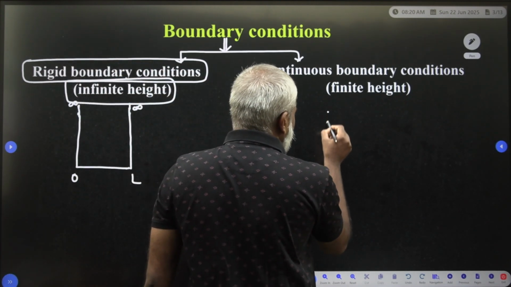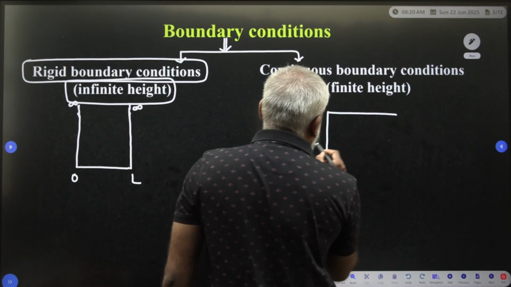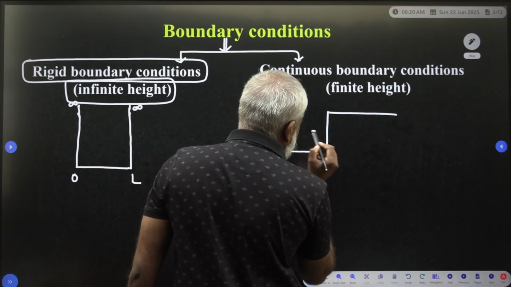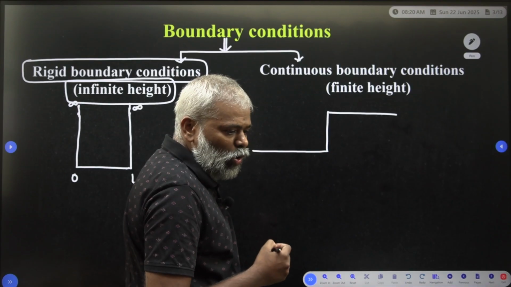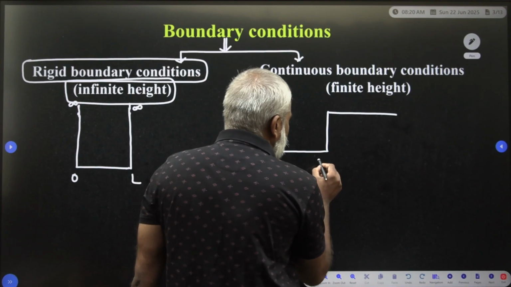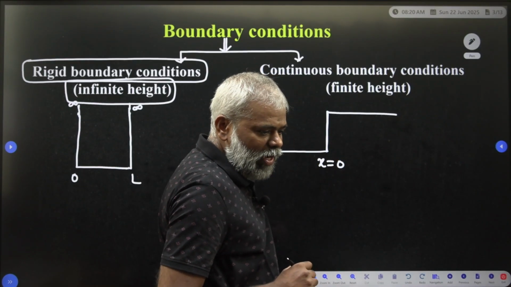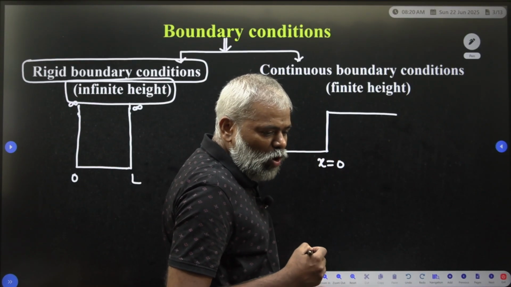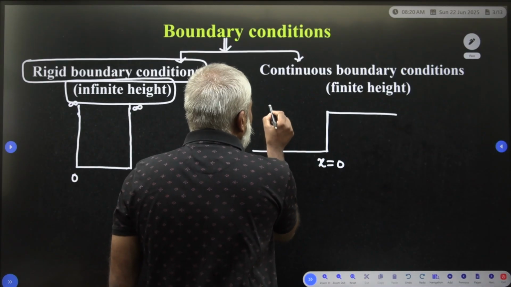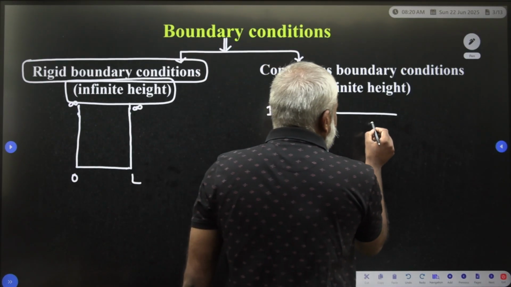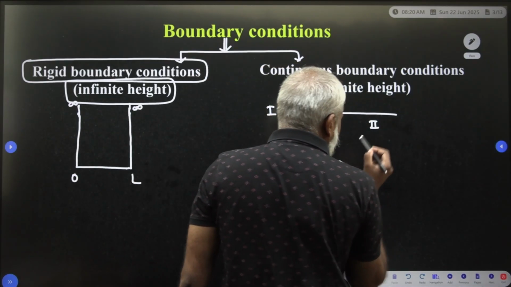First you have to consider the potential step. There is a boundary at x is equal to 0. From this boundary, this is medium 1 and this one is medium 2.